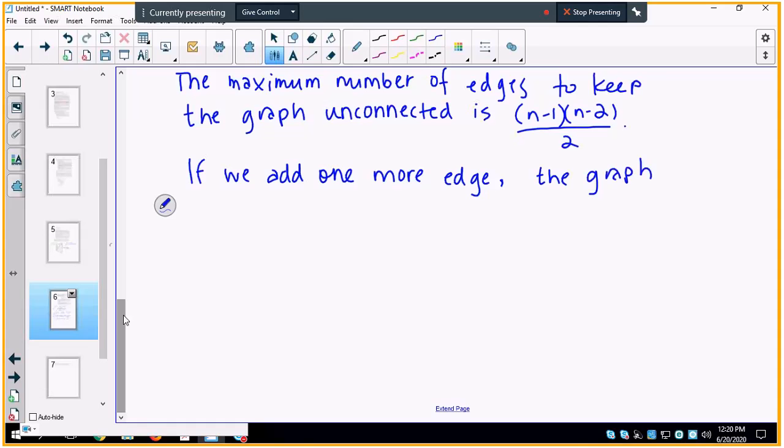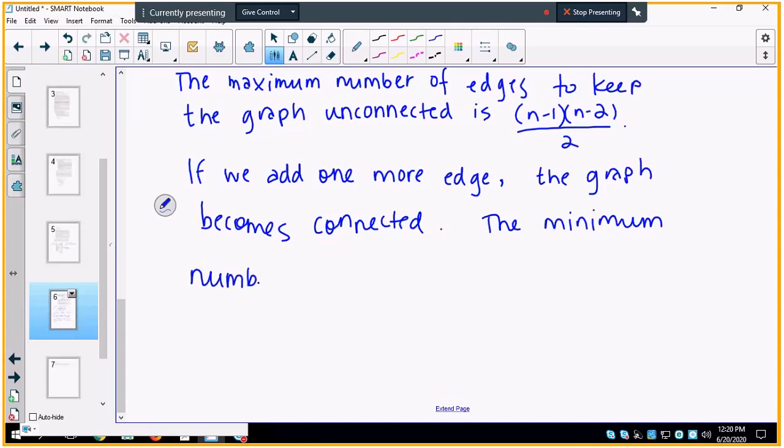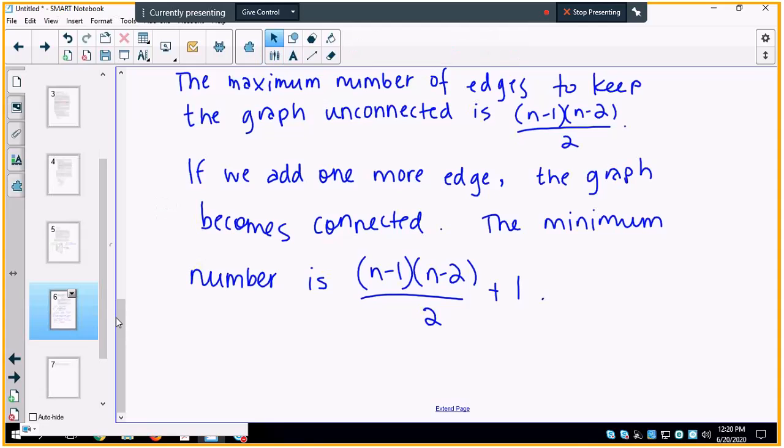So the question is, what is the minimum number? The minimum number is going to be n minus 1 times n minus 2 over 2, minimum, and then plus 1. n minus 1 times n minus 2 over 2, the same number, add 1.